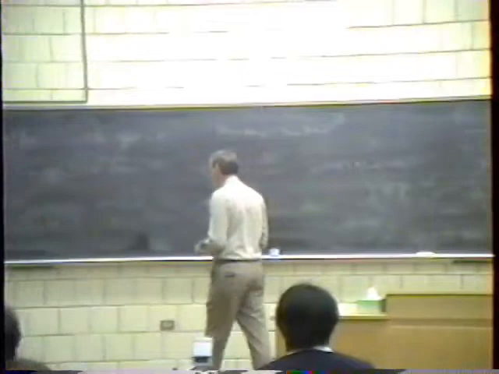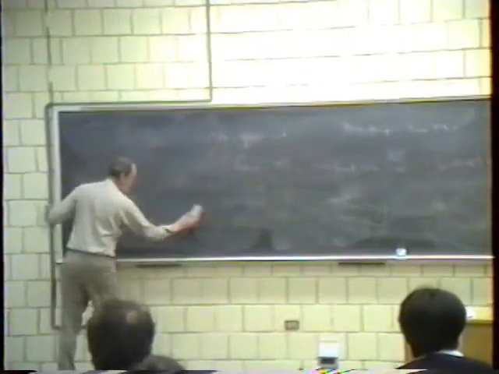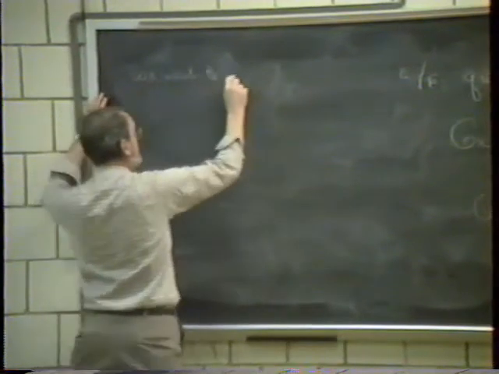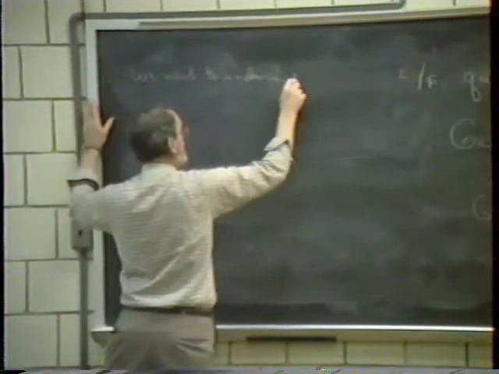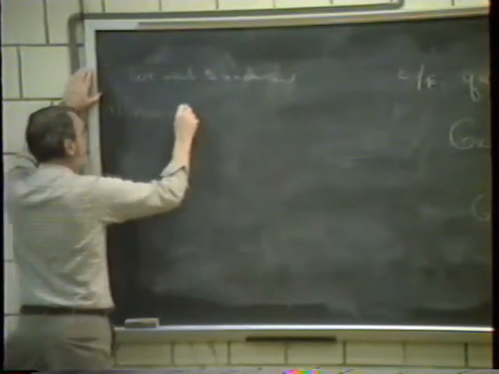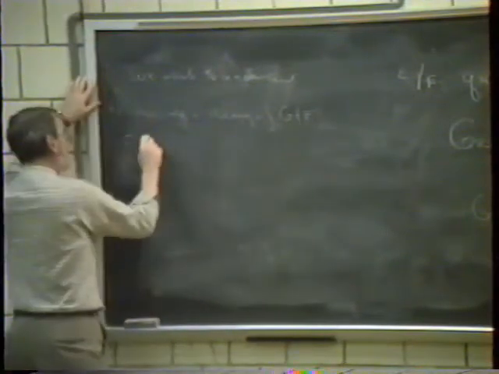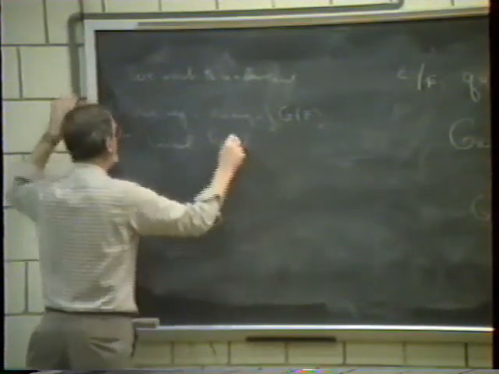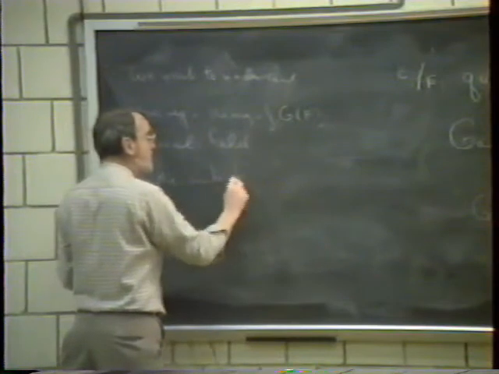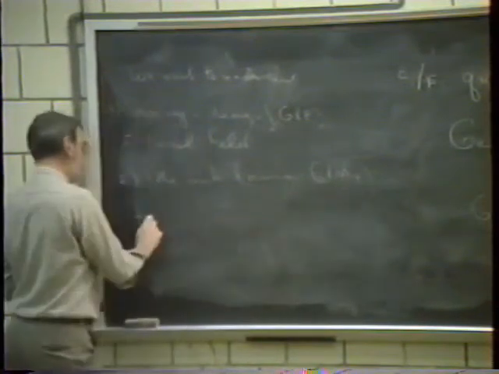Now, what are we trying to do? We want to understand, whatever this means, locally, the representation theory of G of F, for F a local field, and 2, the automorphic forms on G of AF for F global.